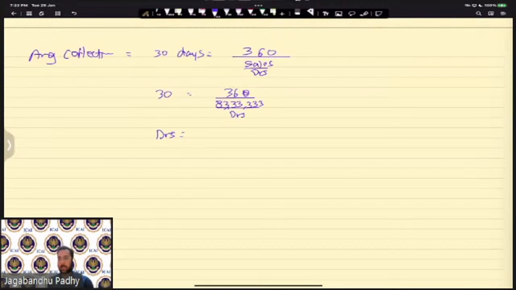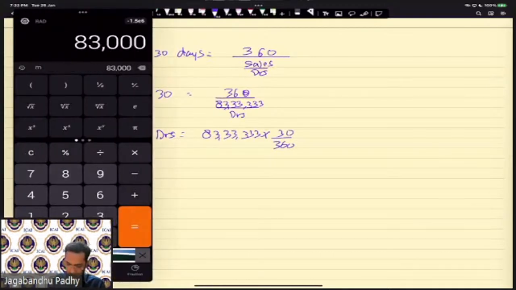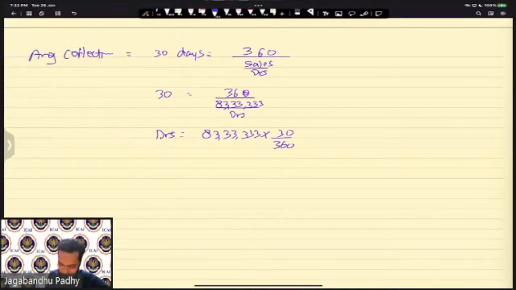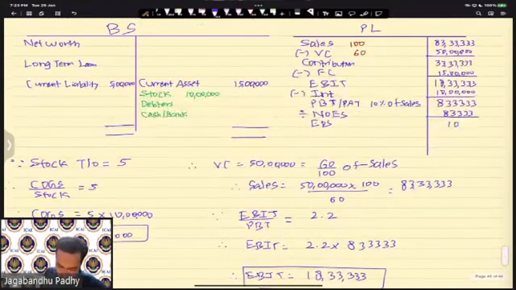So the debtors will be 83,33,333 into 30 divided by 360. That's 6,94,444. So we get the debtors value also.